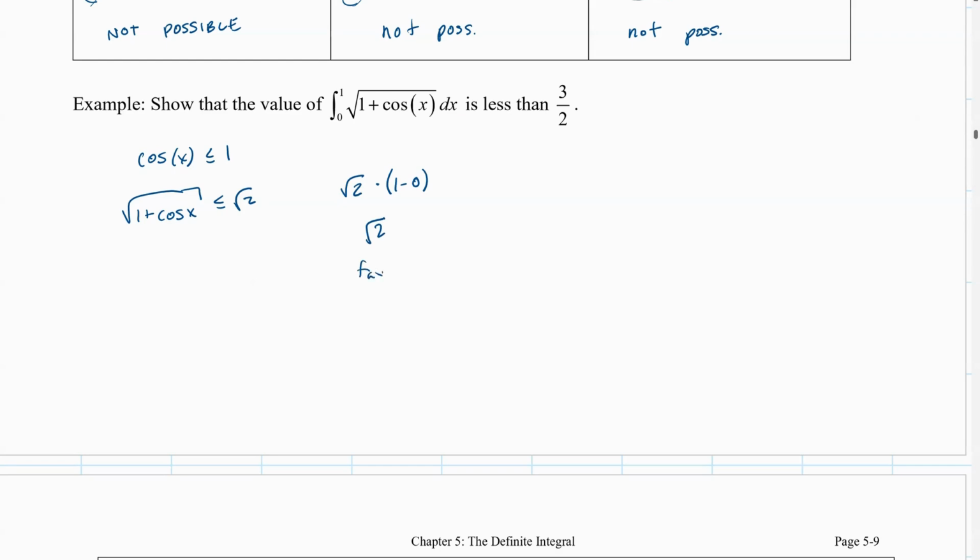So here's my f max times b minus a, and it must be greater than or equal to, that's the largest it could be. So this integral must be less than root 2, which means this integral must be less than 3 halves, because 3 halves is less than root 2.